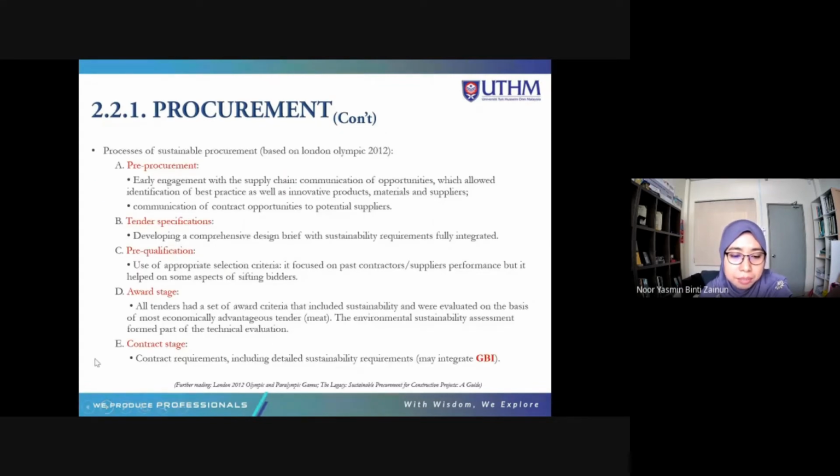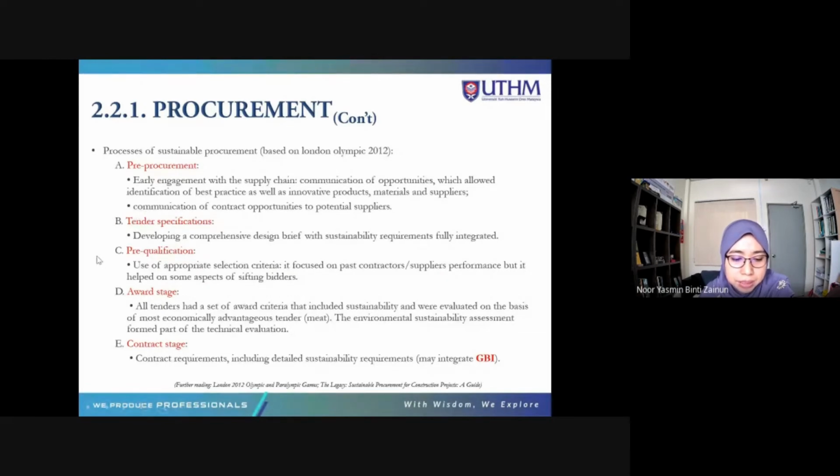The process in sustainable procurement starts with pre-procurement, which is early engagement with the supply chain, with communication of opportunities, which allows identification of best practice as well as innovative products, materials, and suppliers. Communication of contract opportunities to potential suppliers.